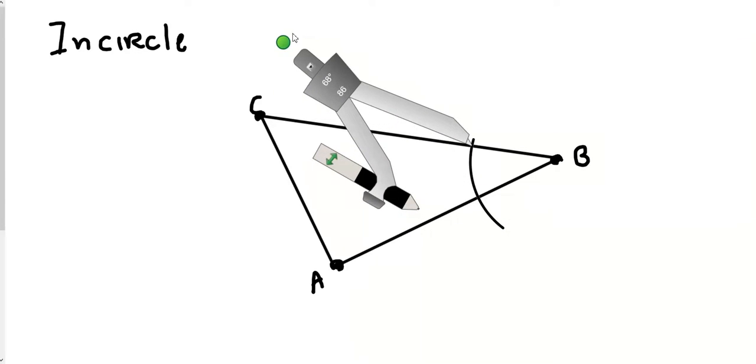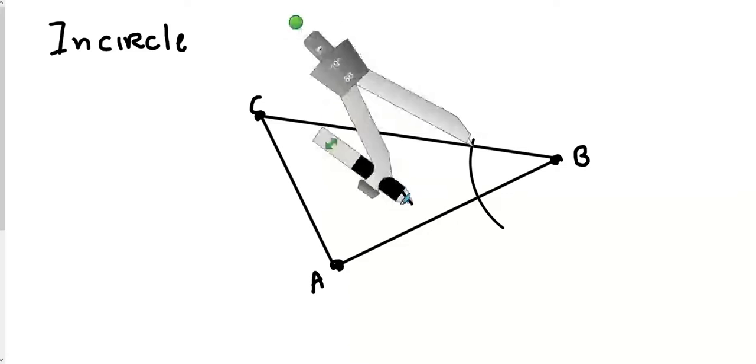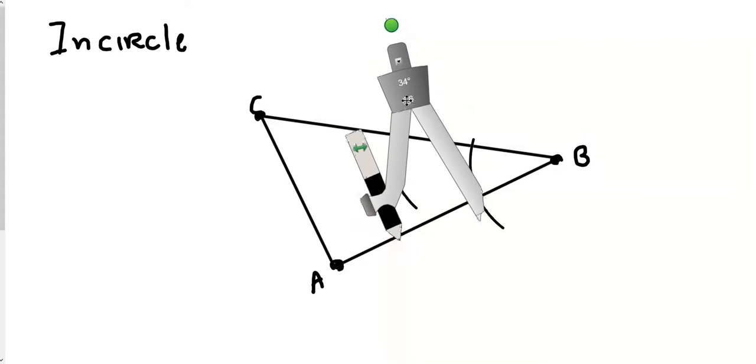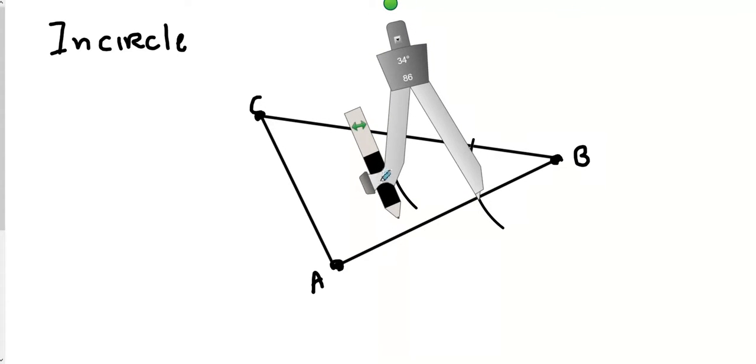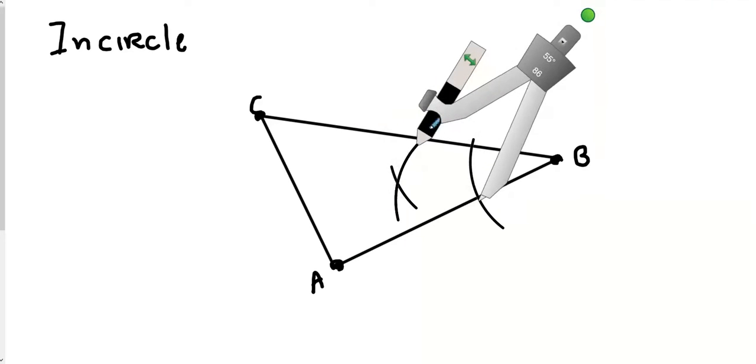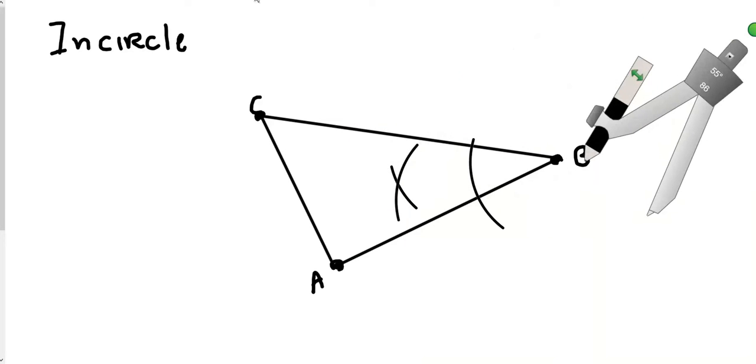Bisecting an angle, right? So top. It's a lot easier there, isn't it? Then ping it straight through. Bisect two angles, and where the two lines hit, you're in business.